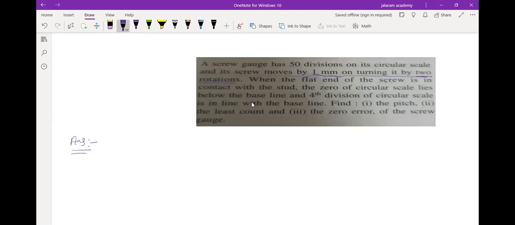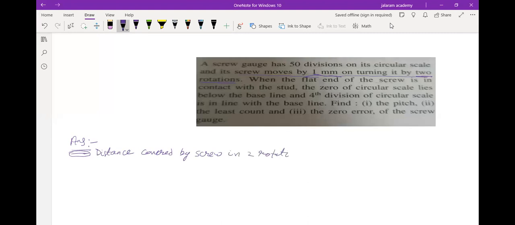Otherwise, I will start telling you directly and you will not be able to understand that. Is that clear to you? Yes. So spindle and screw are the same thing. So the distance covered by the screw in 2 rotations equals 1 mm. If in the question screw is written, we have to write screw.